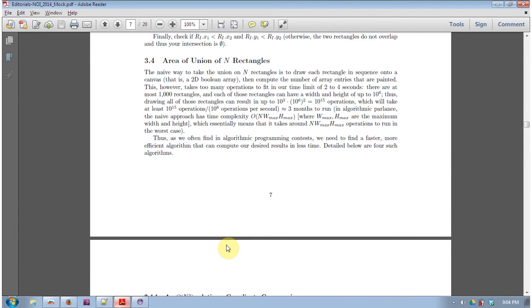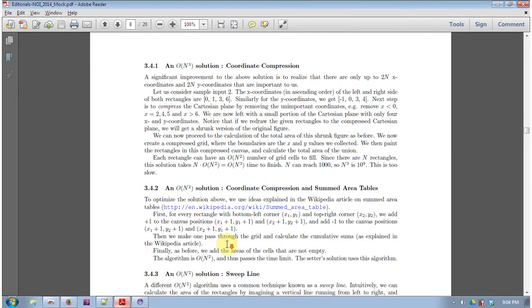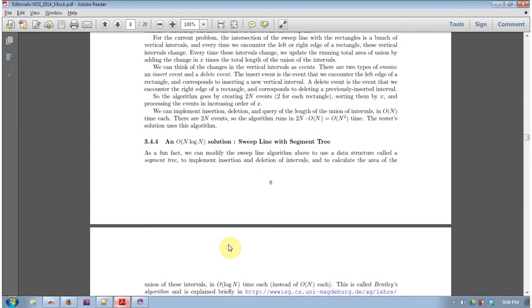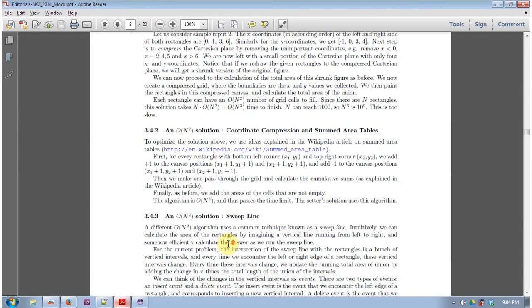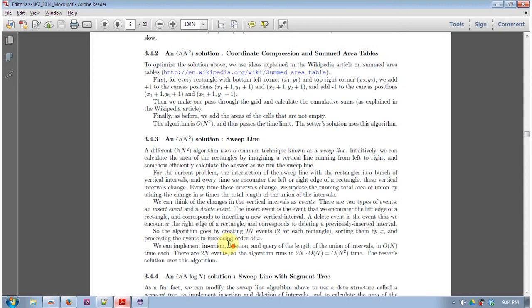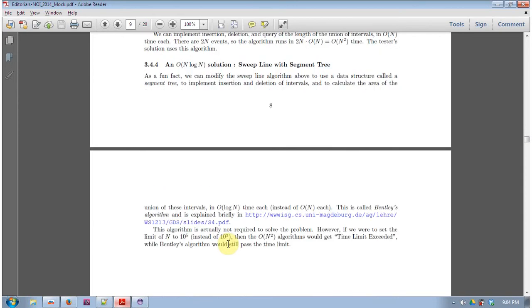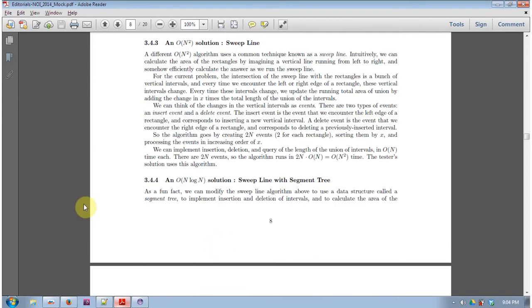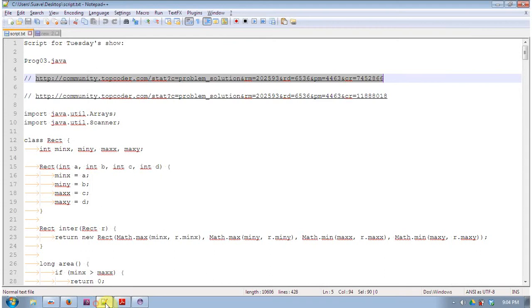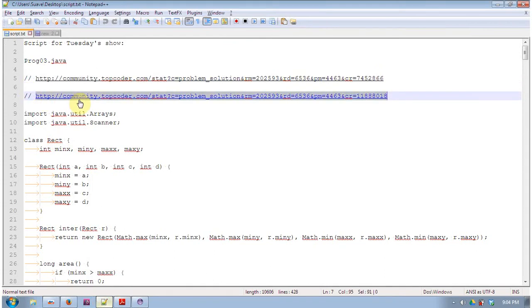So the NOI guys suggested 4 algorithms. But if you don't want to go through these 4 algorithms, someone in TopCoder solved it.